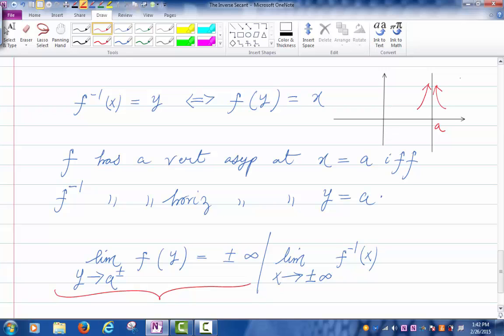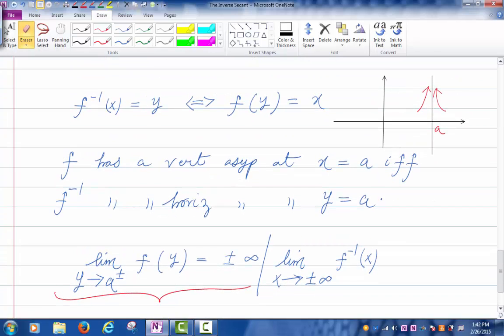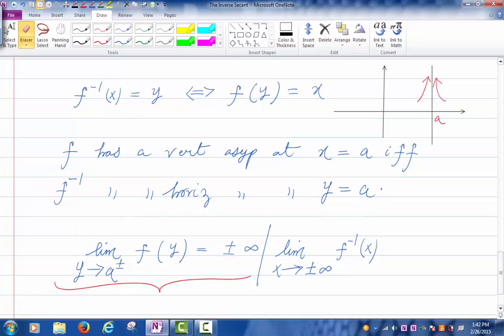Either one of them, or maybe both of them can occur, or maybe it goes to negative infinity instead of positive infinity. So the function f has a vertical asymptote simply means that the function goes to infinity or negative infinity near a. Near a, the function blows up. Negative infinity, positive infinity.